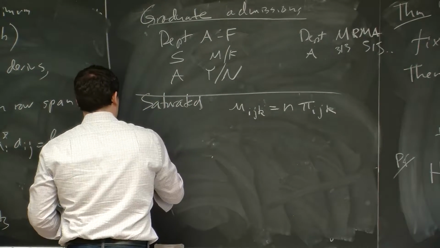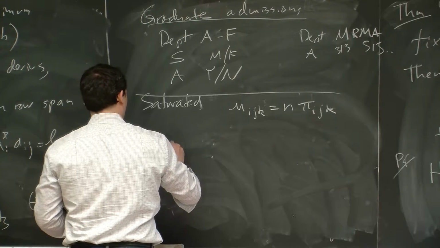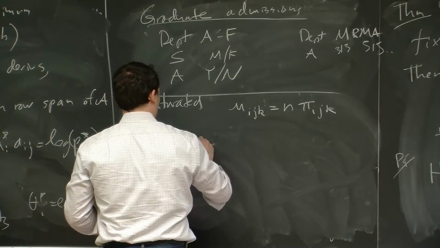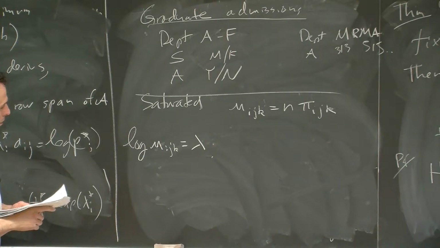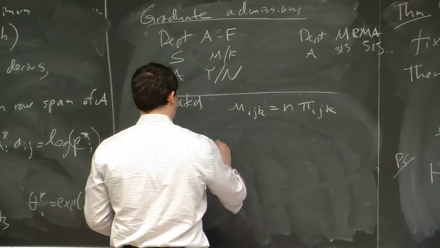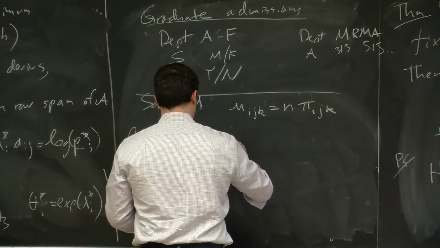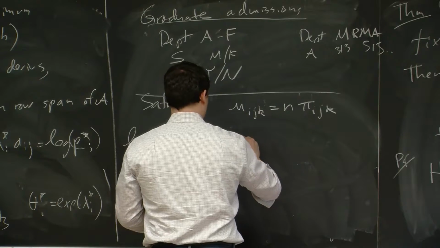So in the saturated model, we have a term for the global count. We have terms for each of the marginals.